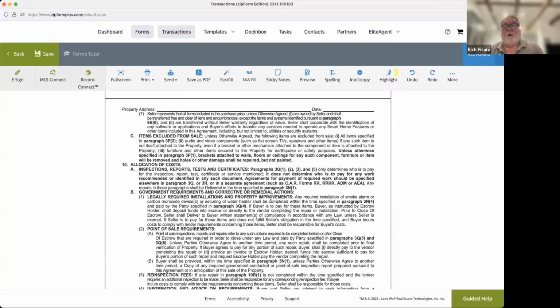And I've said it before, I will not waive a retrofit requirement in the city of Los Angeles unless it literally is a tear down. There is so much liability. Especially if somebody is living there prior to close of escrow, and buyers change their minds.